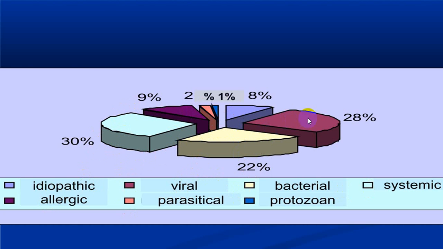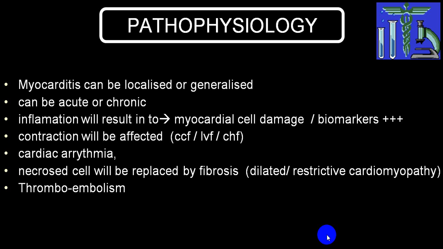So viral is a big group, bacterial is another, so this becomes infective pathophysiology, and then comes what we call the idiopathic group. So viral, bacterial and idiopathic account for a very major group, and in idiopathic you can't identify the exact etiology.